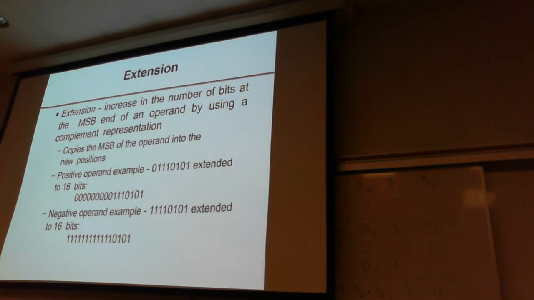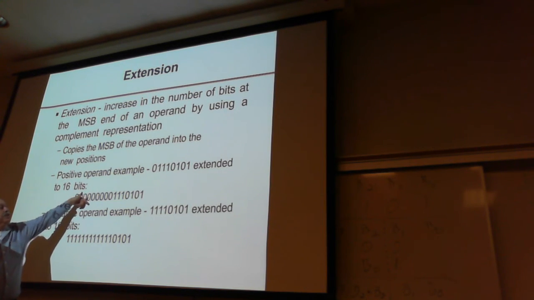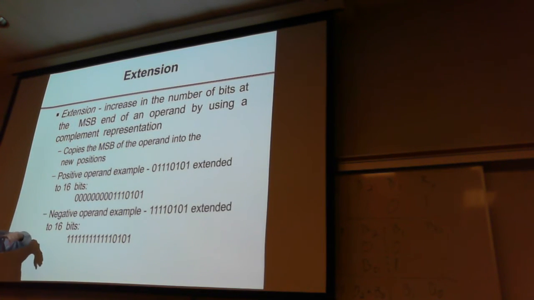So I could extend bits, no problem, for small numbers. If I need to take the negative value, then obviously I would just flip it over using my complement and put that into my 16-bit system instead.